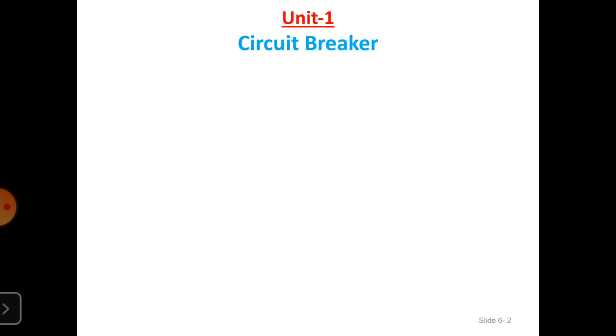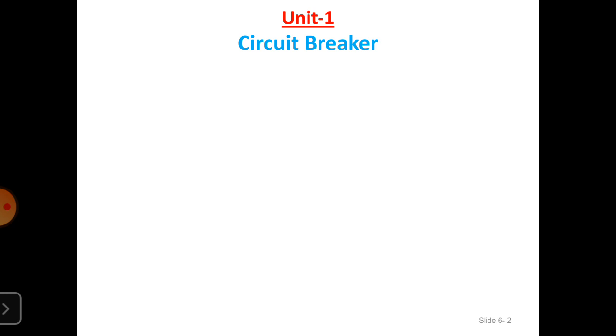The fuse only breaks the circuit under abnormal conditions, but the circuit breaker is used to break or make the circuit under normal and abnormal conditions. It is also used to switch the electrical circuit on and off under normal and abnormal conditions, just like a switch. That is the difference between the switch, fuse and circuit breaker.